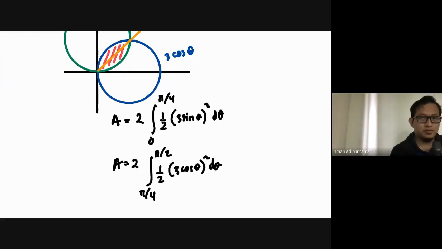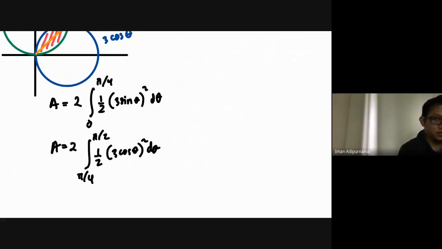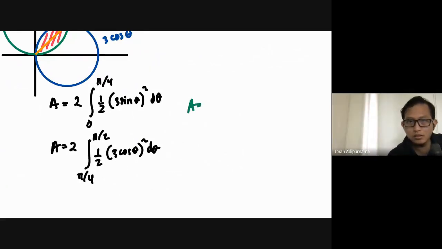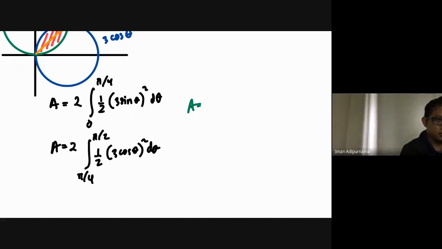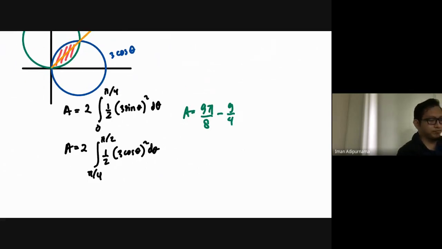And then you can solve it using the double angle formula. I believe the area should be 9 pi over 8 minus 9 over 4. Okay.